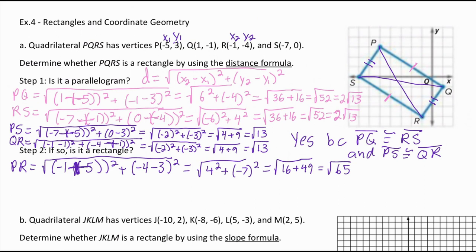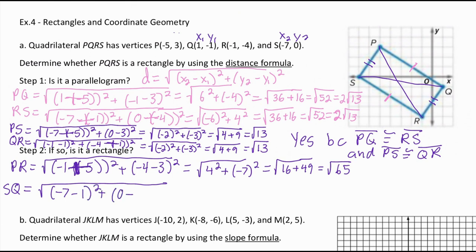Okay? So now what do I need to find? QS. SQ or QS, either way. So I would say x2, which is negative 7, minus x1, which is 1, squared, plus y2, which is 0, minus y1, which is negative 1, squared.